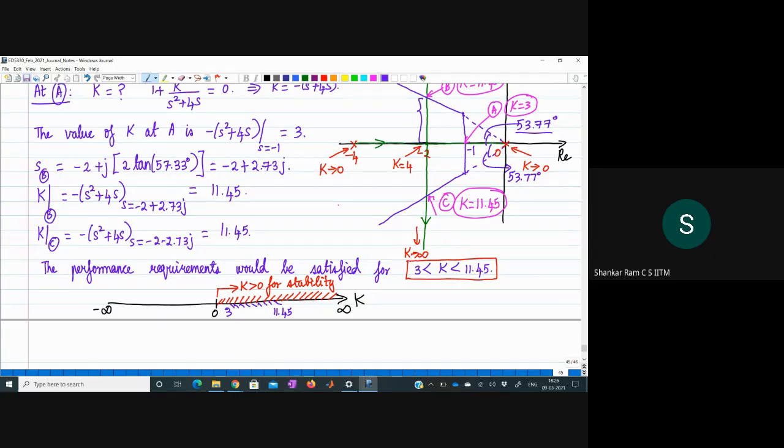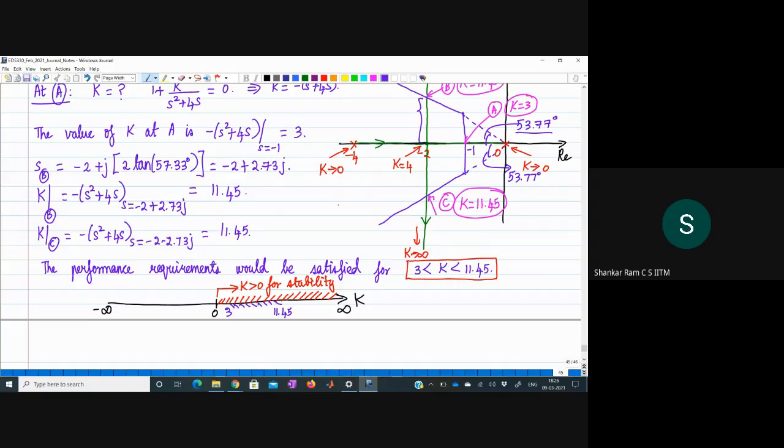Now I can go to the practical system and fine tune in this range, 3 to 11.5. Then I know that with reasonable certainty, I will be able to stabilize the closed loop system and also achieve the performance that I desire. That is the advantage of this particular process.